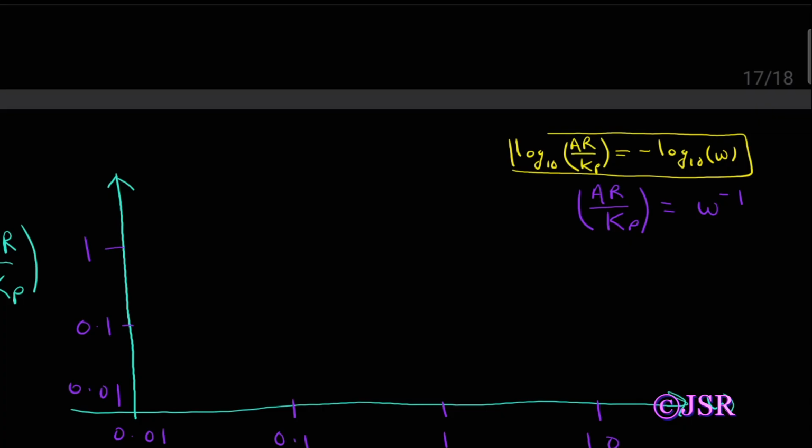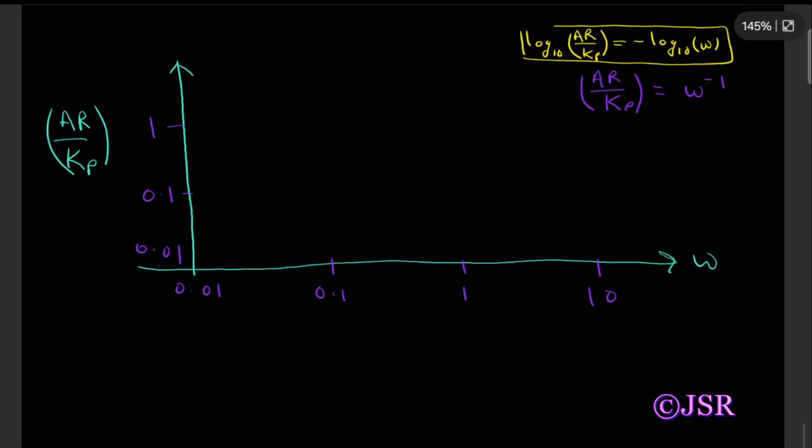So when omega is equal to 1, this AR upon Kp will be equal to 1.